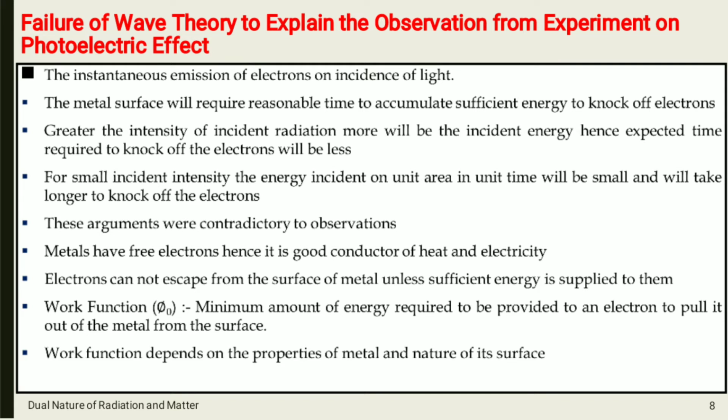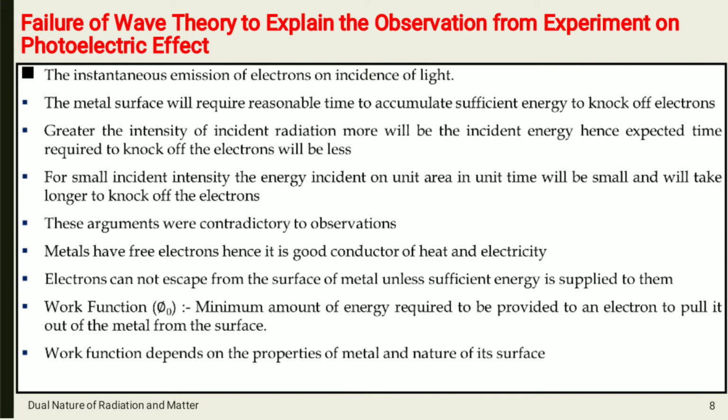It will absorb some energy, and after some time it will emit the electron. But this is not happening. When light is incident on the metal surface, immediately at that time electrons are knocked off from the metal surface. This is the observation, and this is the thinking.